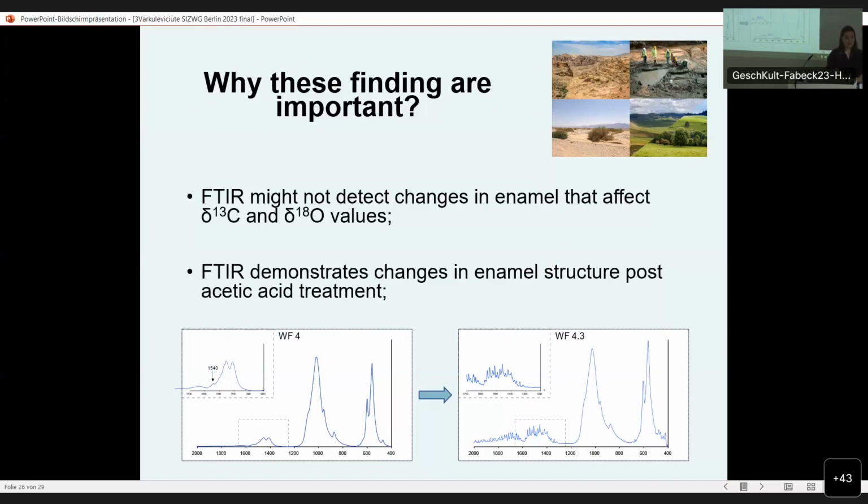In fact, the FTIR spectra of treated samples suggest that there are alterations happening during the treatment, which could suggest that treatment is affecting the structural carbonate instead of contamination, or maybe there isn't contamination, which I think we should all keep in mind when we choose our methods.